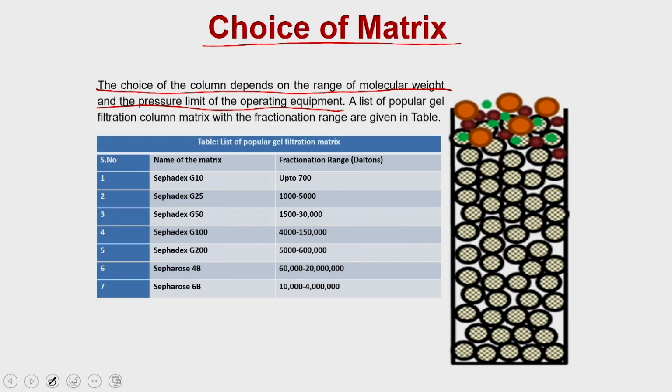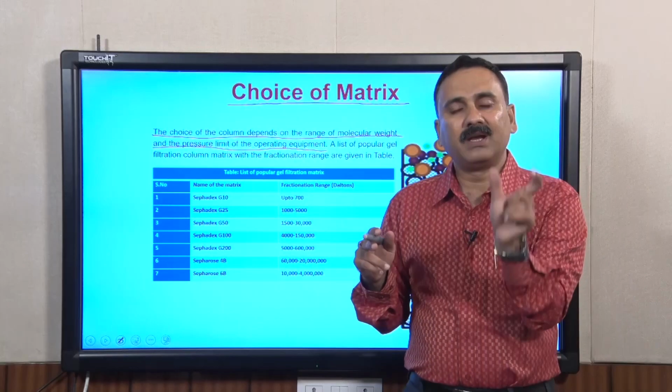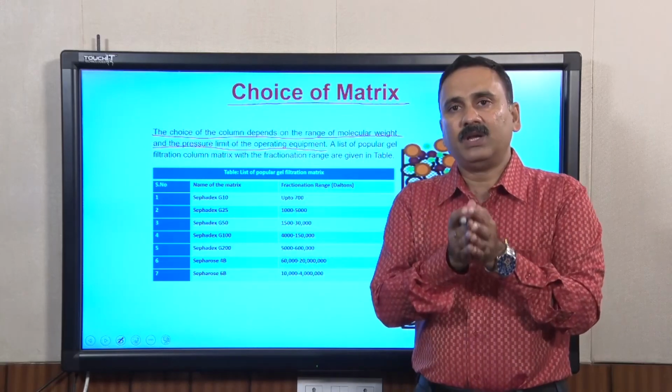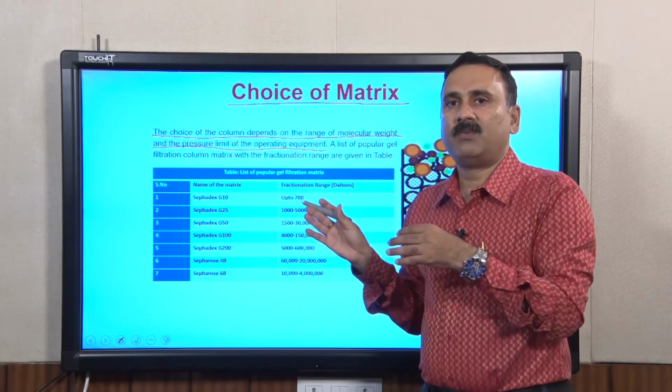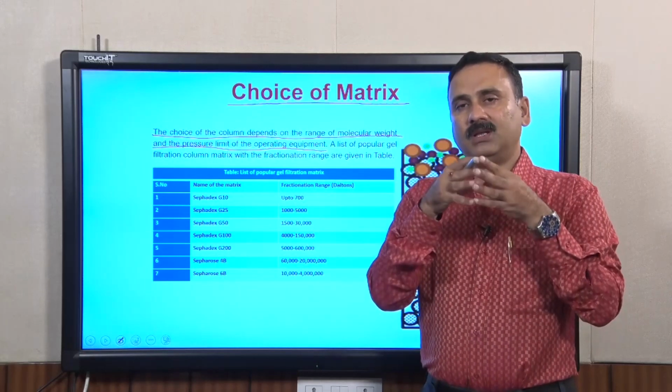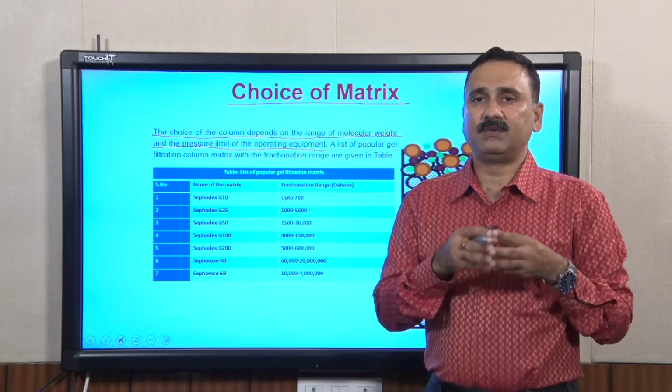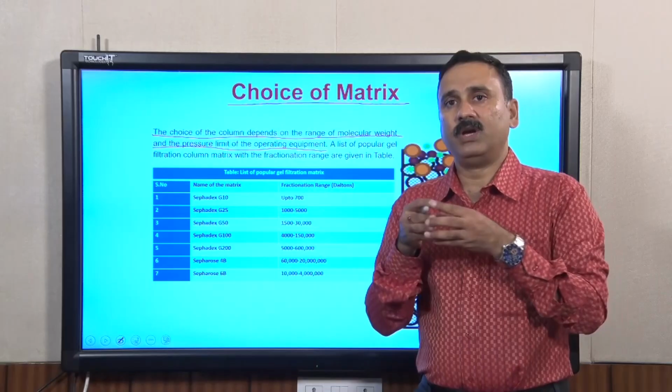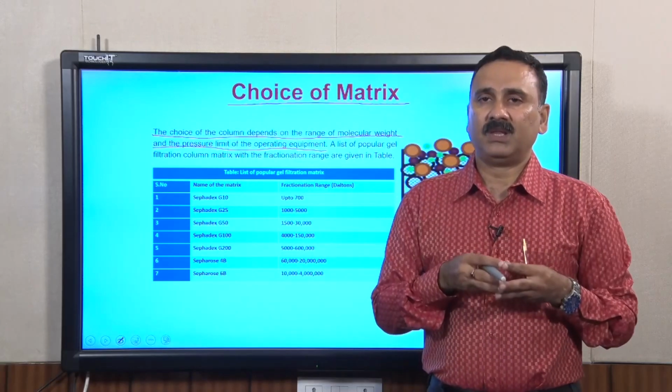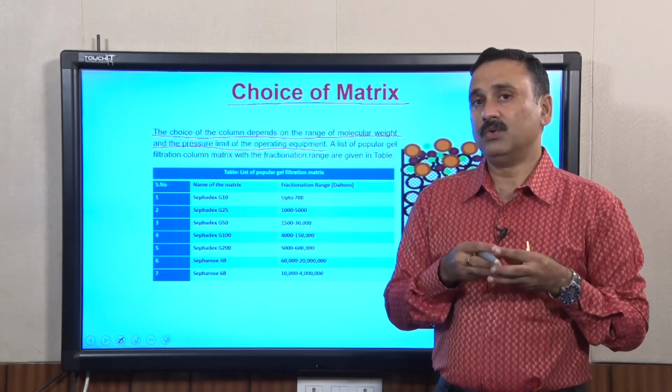Similarly, you should always know what molecular weight your target molecule is. So you choose the gel filtration matrix based on the pressure limit you are going to use, as well as the molecular weight range you are going to resolve.